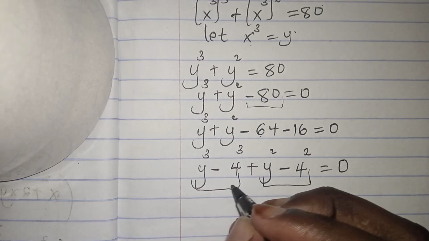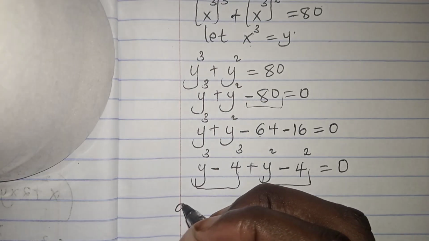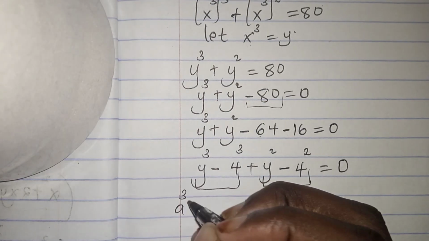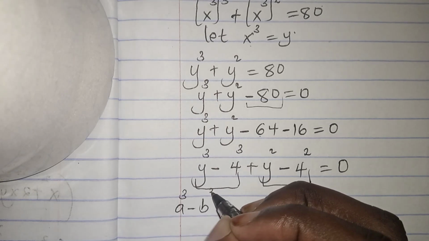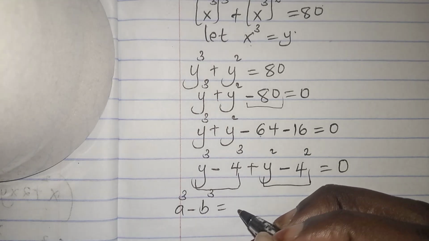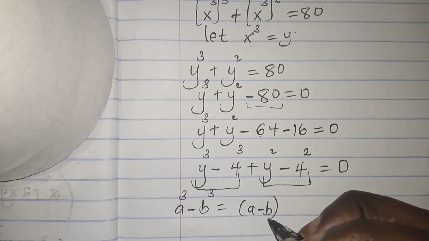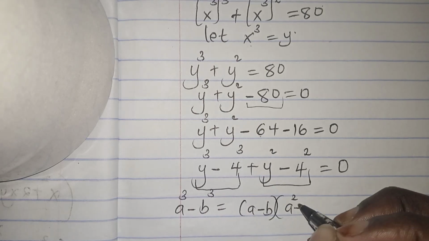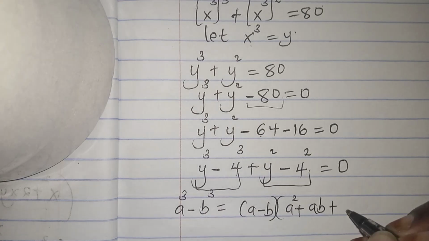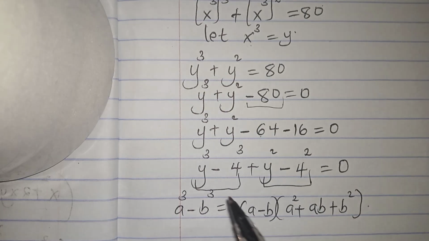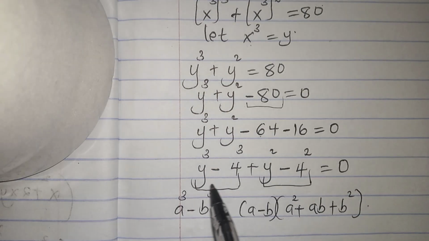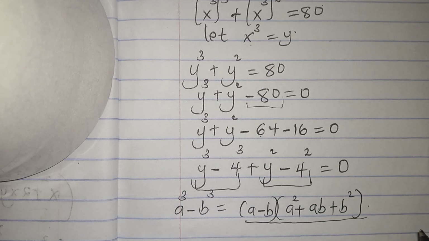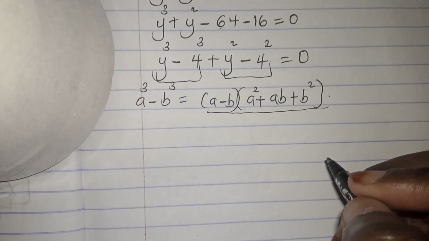So our first step here is to write our perfect cube rule. a cubed minus b cubed is the same as writing a minus b into a squared plus ab plus b squared. So we are going to write y cubed minus 4 cubed in this form, right? So let us write it.